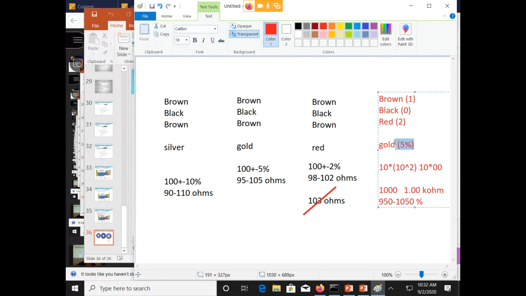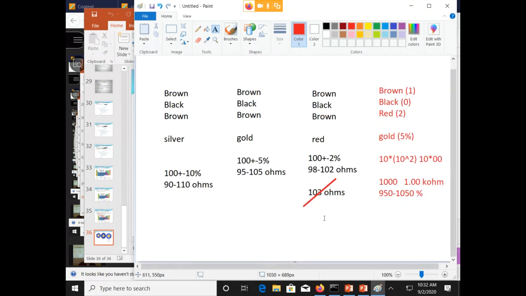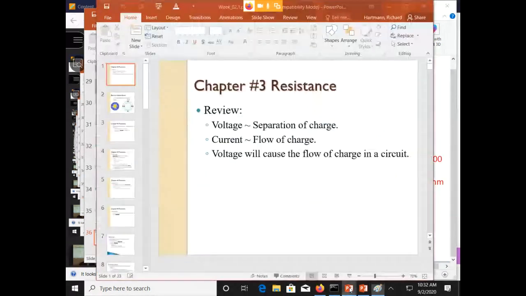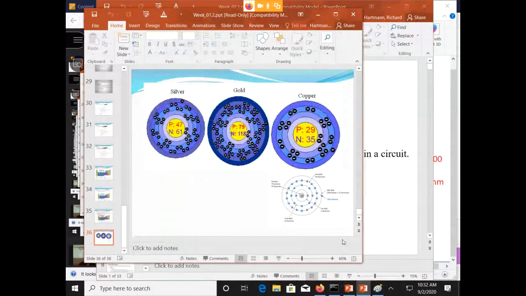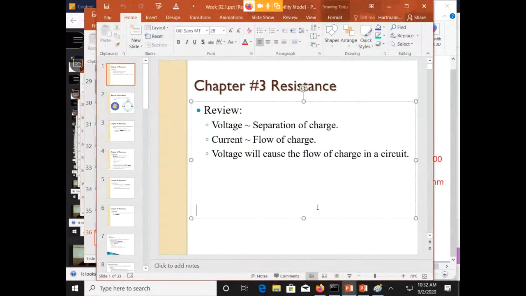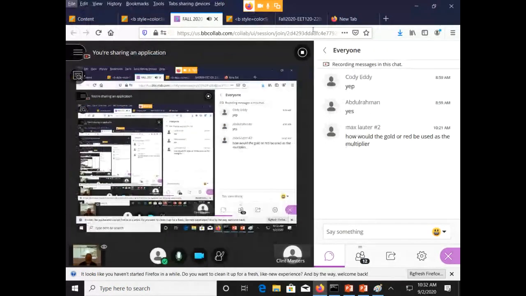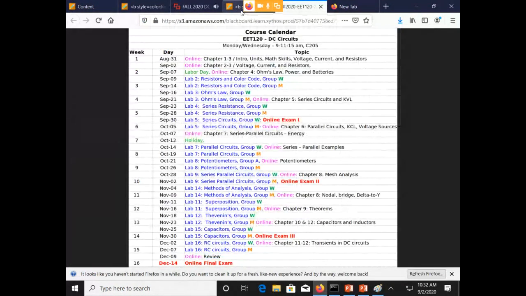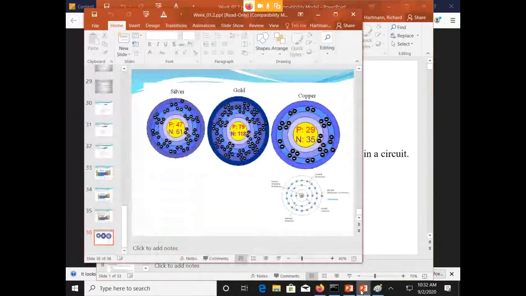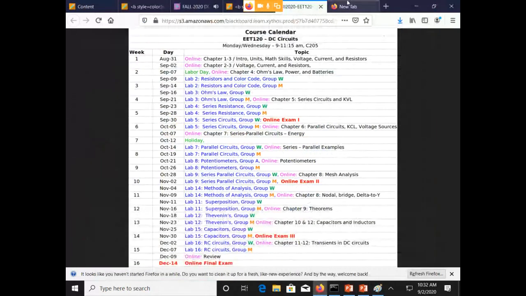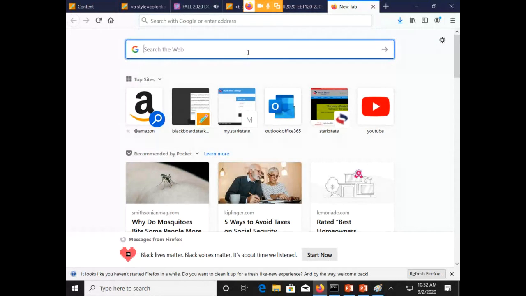Now, if we do gold as a multiplier, let me double check here. You don't see it very often. Gold and silver as a multiplier is a fractional multiplier. So let me just double check here. I forget whether silver is 0.1.